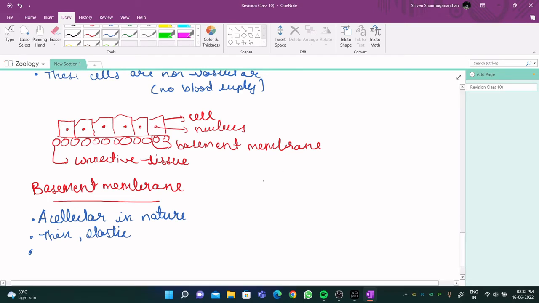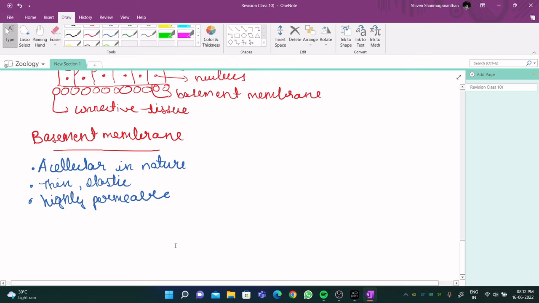So we will write, this basement membrane easily lets compounds or elements pass through. Highly permeable. Fine.